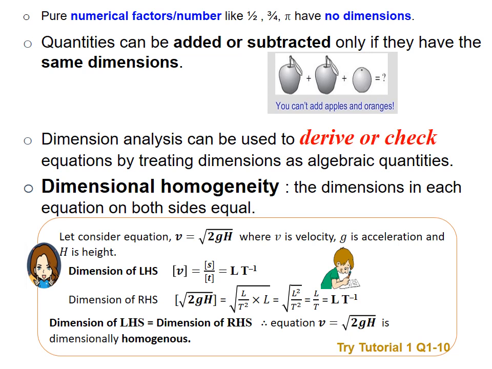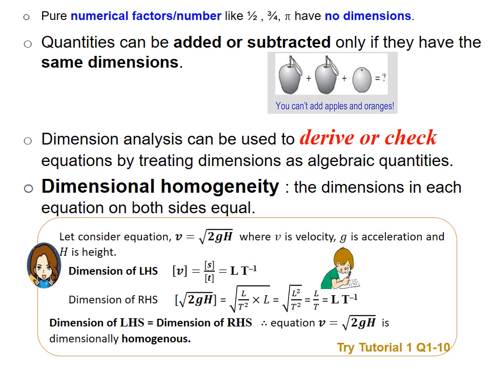Dimension of right hand side, we have square root 2gh. As I mentioned above, 2 has no dimension, so we only consider g and h. g is acceleration. Acceleration is L over T square. h is a length, L. So we simplify this equation, then we get LT negative 1.